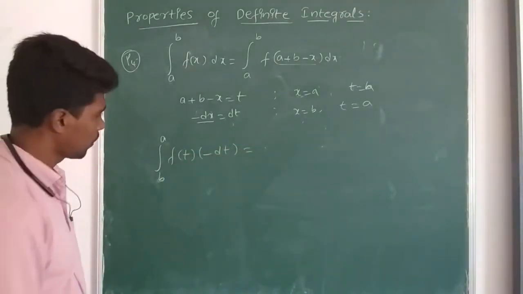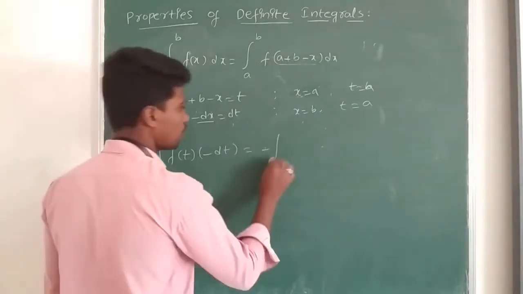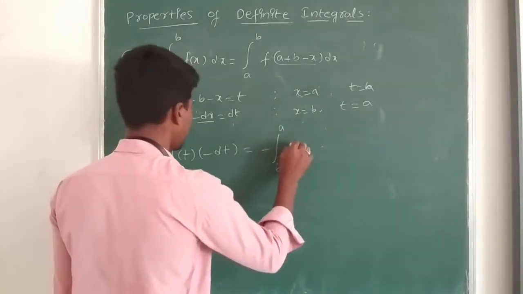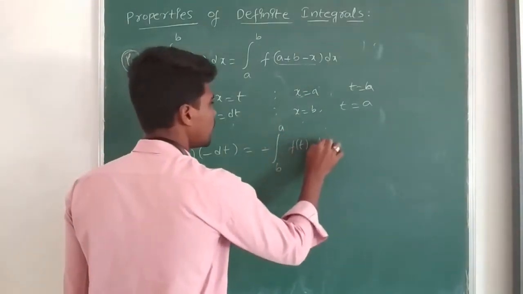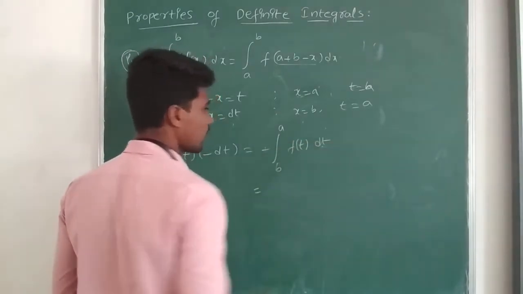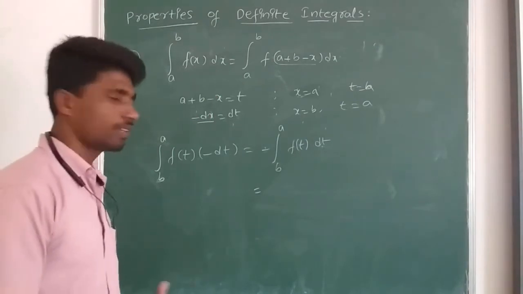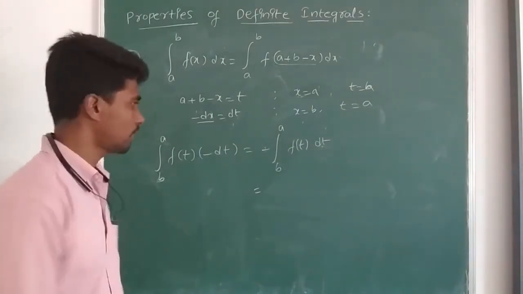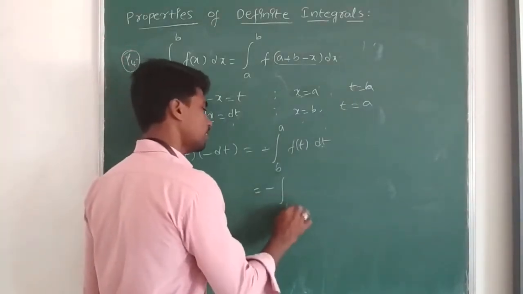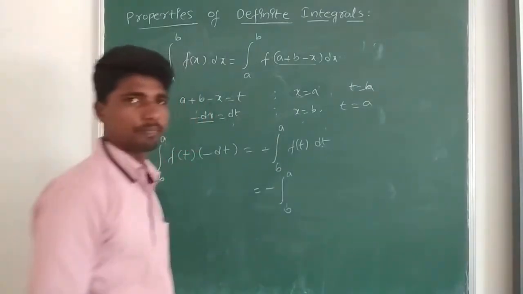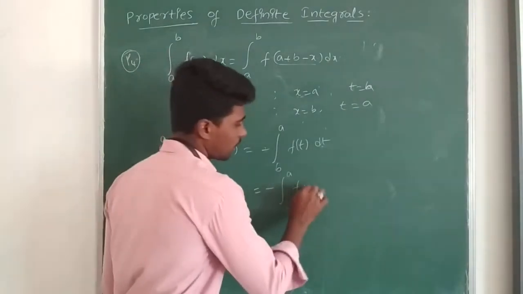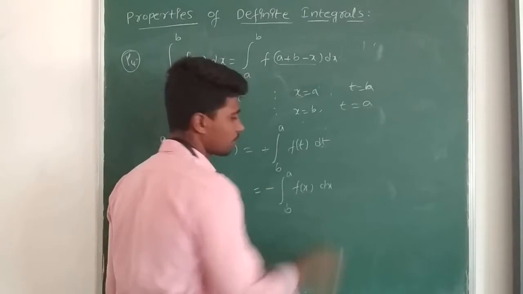So now I get minus of integral b to a f of t dt. As we learned from the first property, if you change the variable, the value of the integral never changes. Then we get this as integral b to a f of x dx.